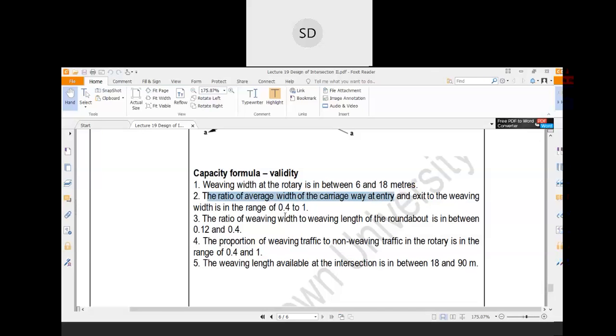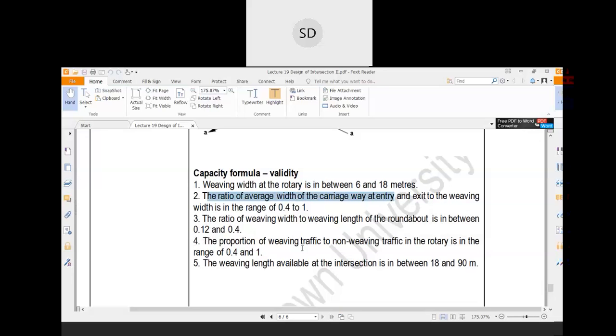So if it is 0.4, in that case the radius at the exit curve would be higher than the entry curve, and if it is 1, then the radius of the entry and exit curve would be similar. Now, the ratio of weaving width to weaving length of the roundabout is in between 0.1 to 0.4.